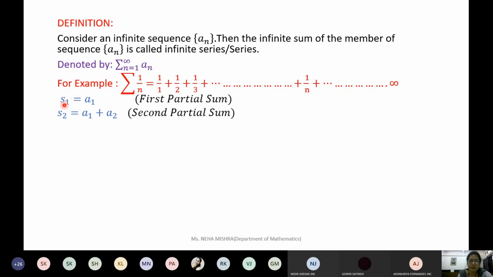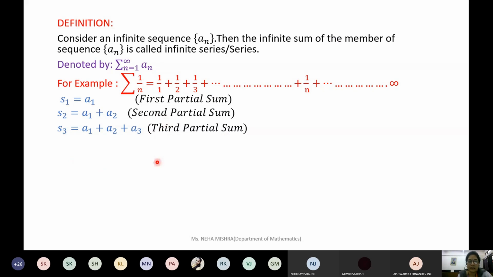If I say S1, it means it has only the first term and it is known as the first partial sum. S2 means a1 plus a2, the sum of starting two terms, known as the second partial sum. If we add starting three terms of the sequence, the sum is known as the third partial sum.